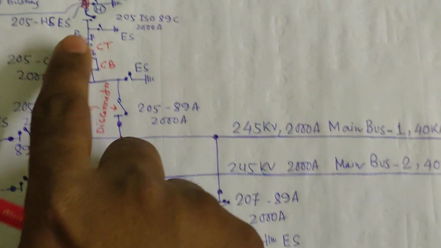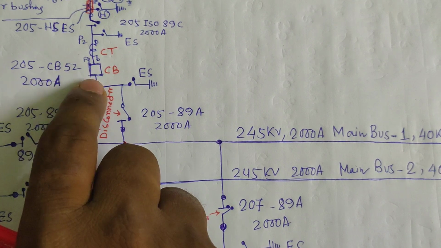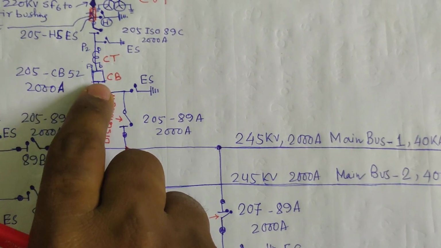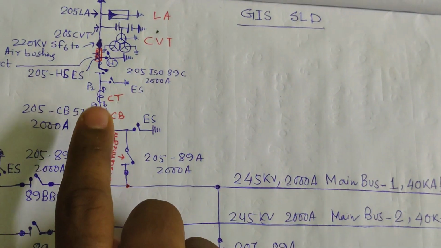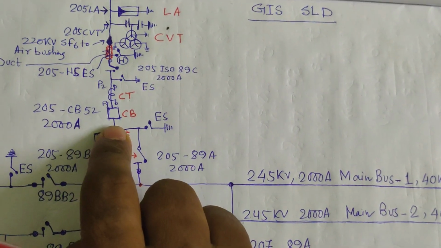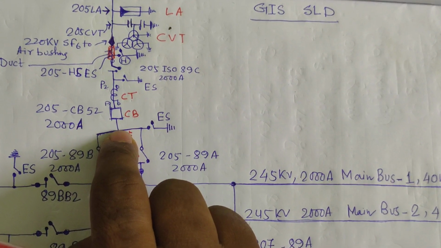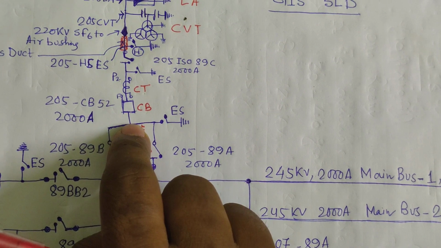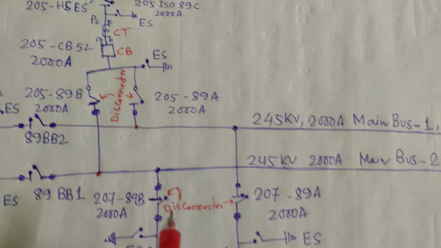If any breaker has a problem, we have no way to bypass this breaker or feed this particular feeder. We have to switch off this breaker or isolate these sections and contact the manufacturers for rectification work. It is the disadvantage of the GIS system.